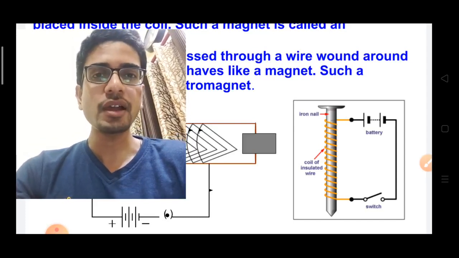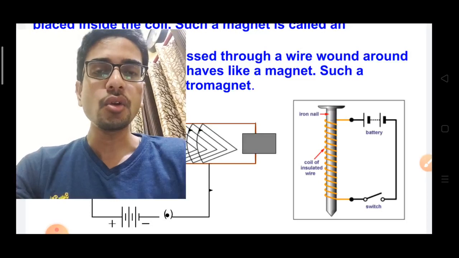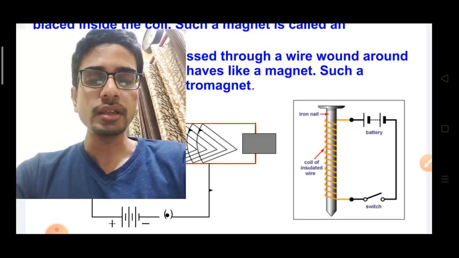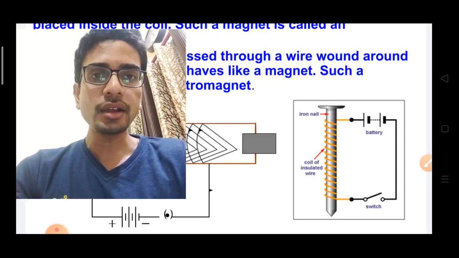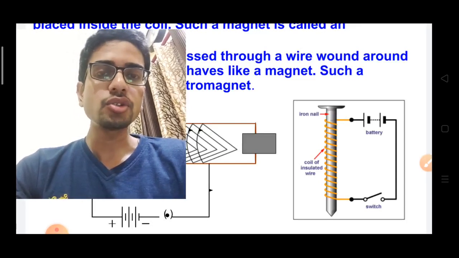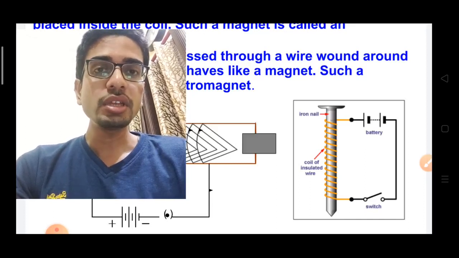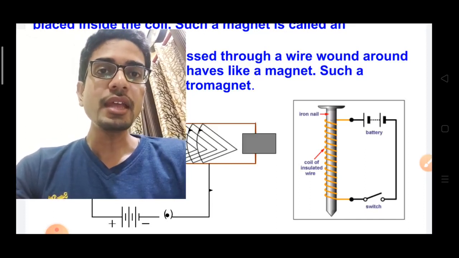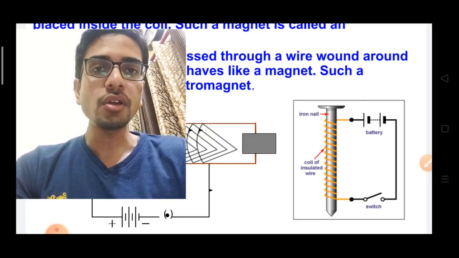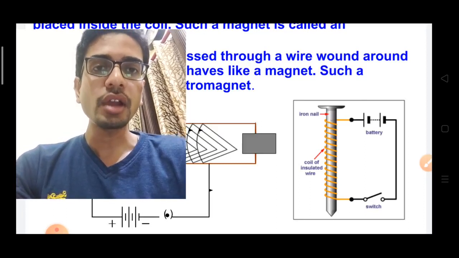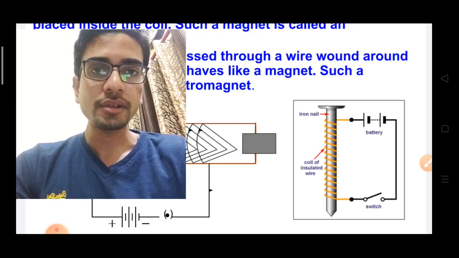So magnets have an attracting and repelling property, or they exert a force on each other. Now the point is, since a current carrying conductor is also a magnet, the current carrying conductor will also exert force on another magnet or another current carrying wire.